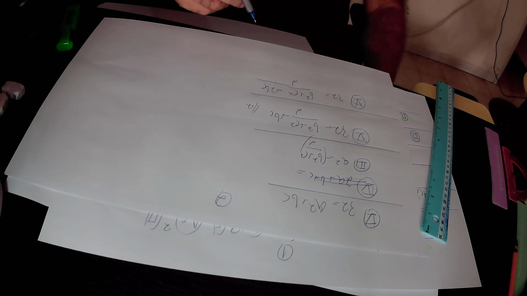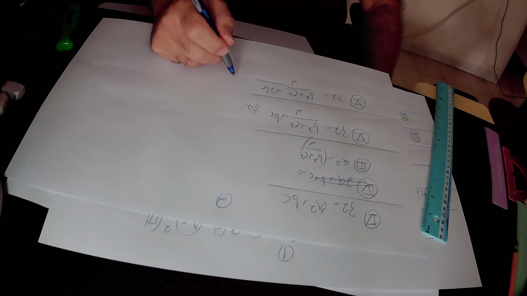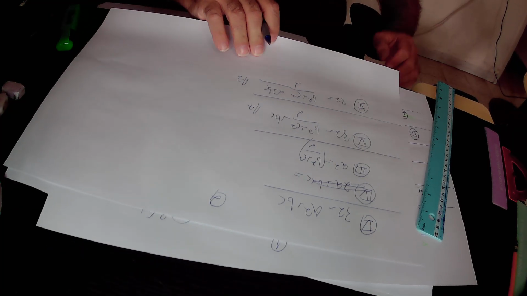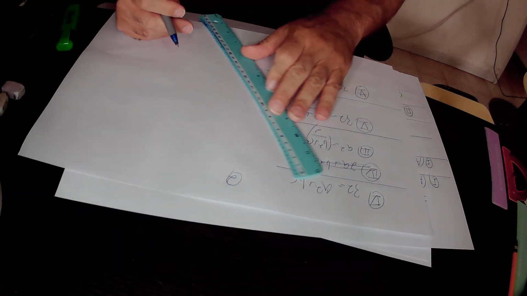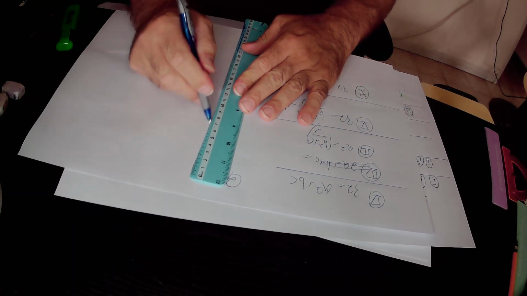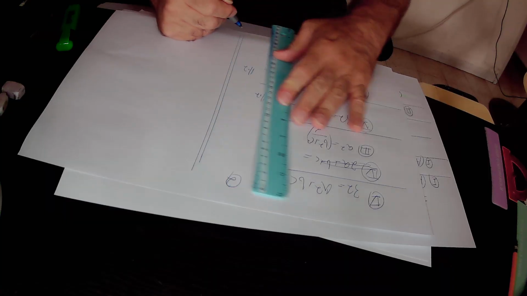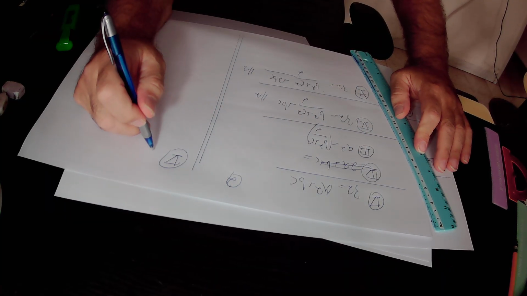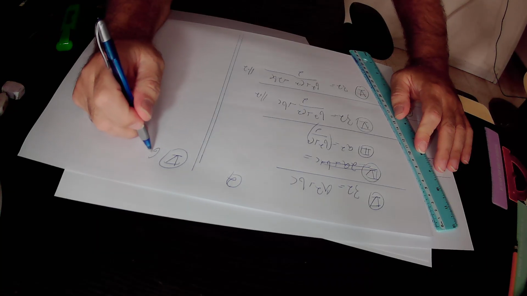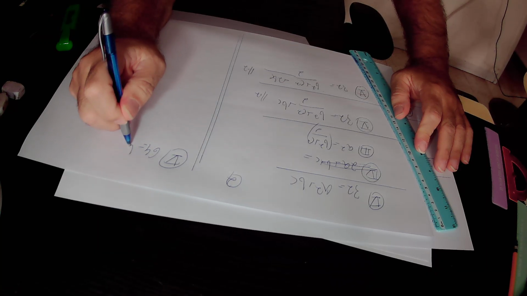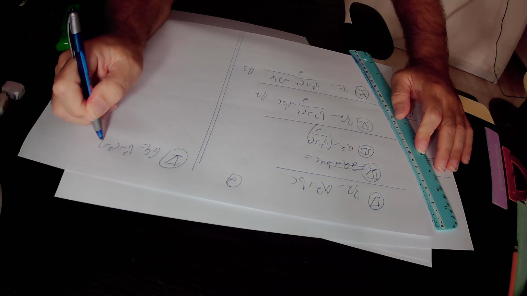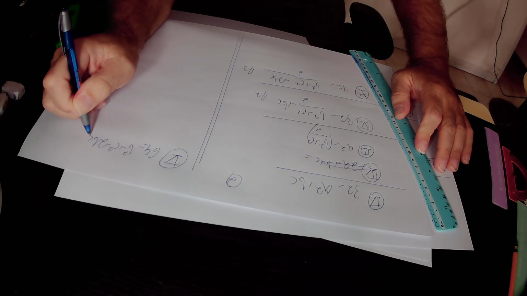So here we multiply equation 5 by 2, and finally we get that 32 times 2 is 64, equals b squared plus c squared plus 2 times b times c.